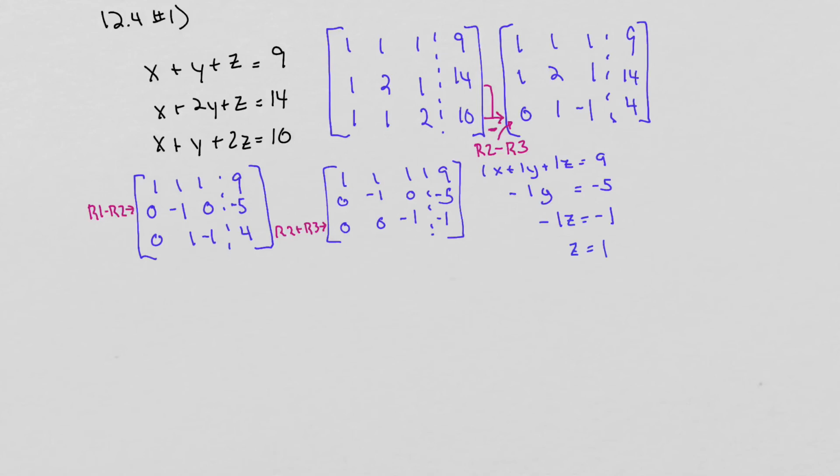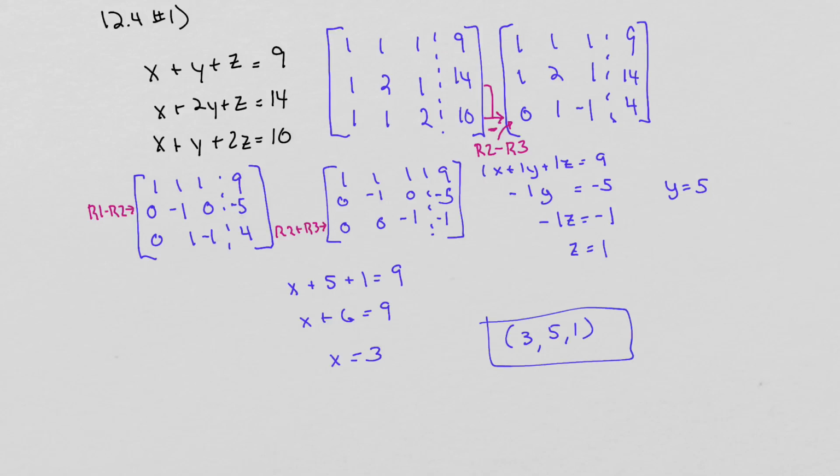The second to last equation, I go ahead and divide both sides by -1 also, so y equals +5. And then I can take the first equation and find x. So x plus 5 plus 1 equals 9. X plus 6 is 9, so x is 3. So the ordered triple is 3, 5, 1.